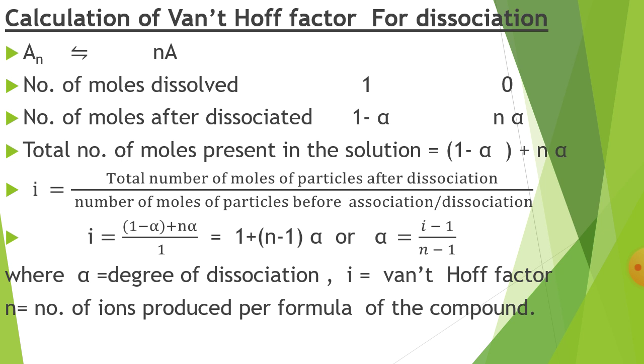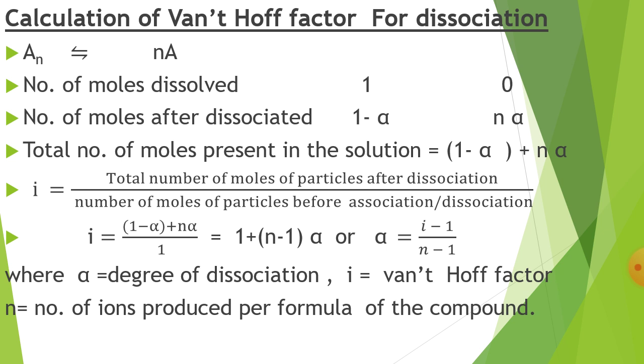Now i is equal to the total number of moles of particles after dissociation divided by the total number of particles before dissociation. So i equals 1 minus alpha plus n alpha. This is the total number of particles after dissociation, and before dissociation the number of particles is 1.